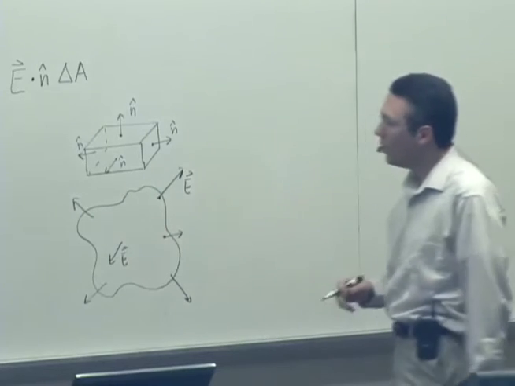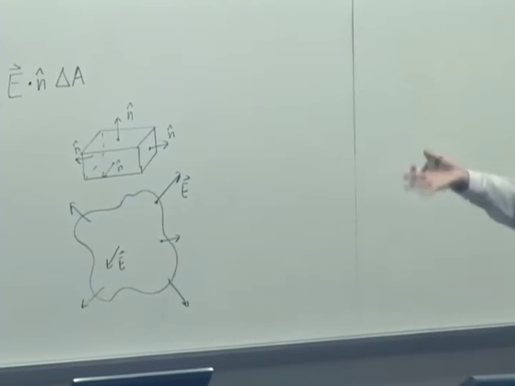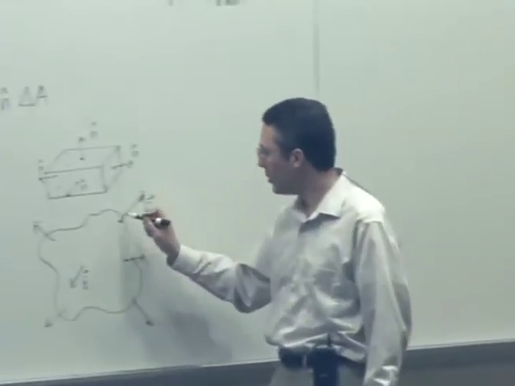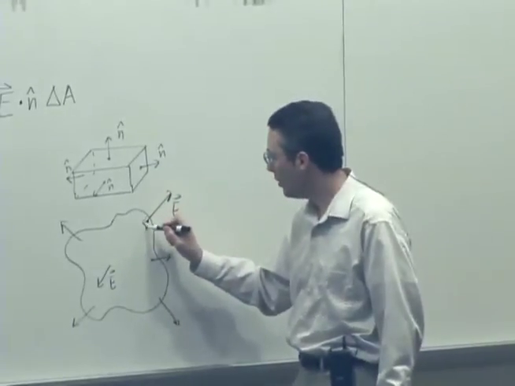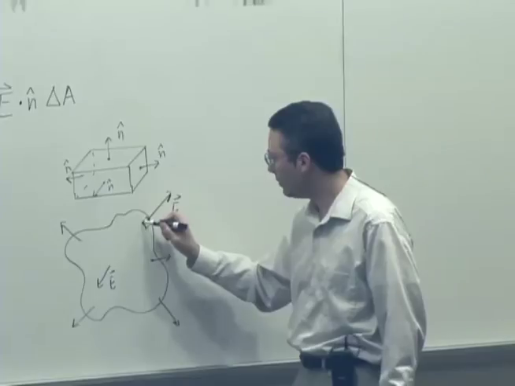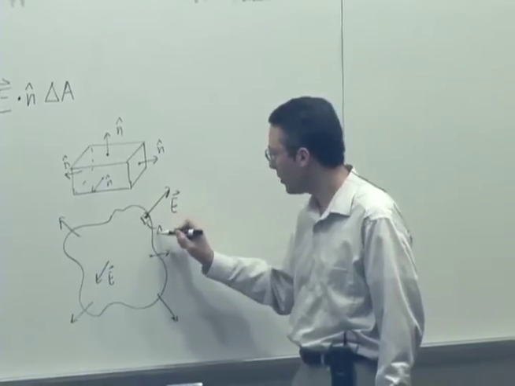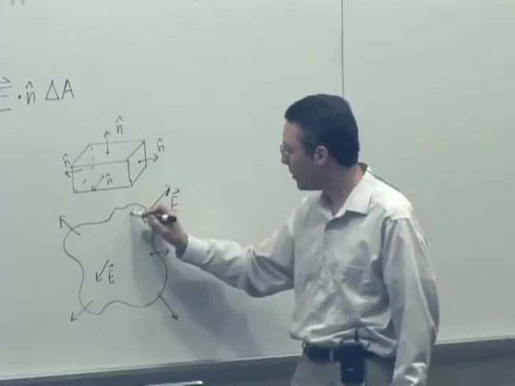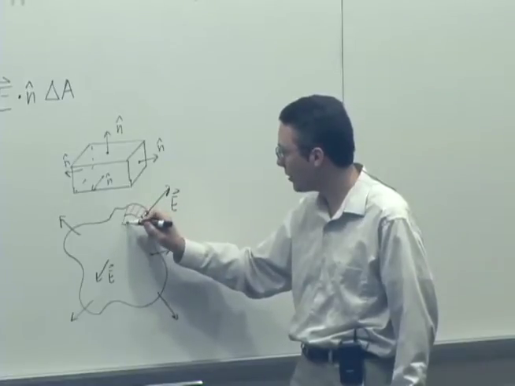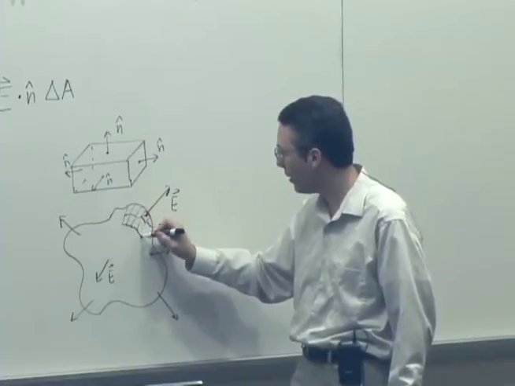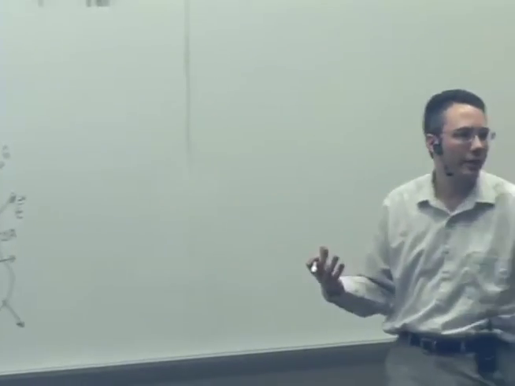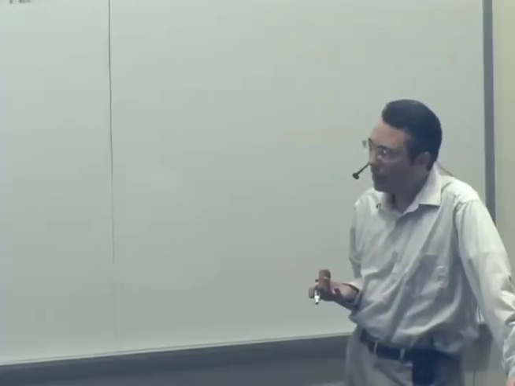Okay. Well, you can still sum it all up by breaking up the surface into small pieces of area, where each piece has a size delta A, dividing up this closed surface into lots and lots of little squares of area delta A, and then finding the electric flux over each one of those pieces.